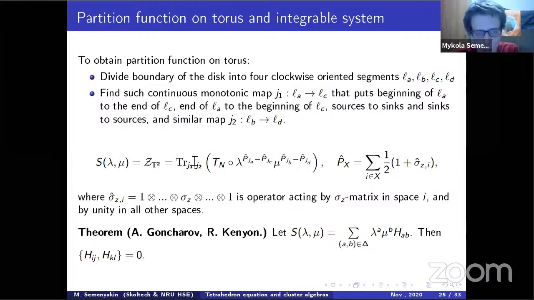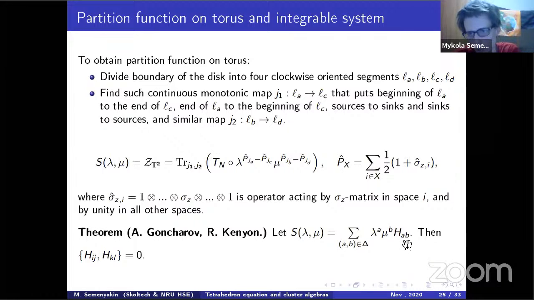And by taking the trace over all necessary spaces, we get some number which is the partition function of non-intersecting paths on the torus. In fact, a general theorem was proved by Goncharov and Kenyon. In their theorem, they again say that we have a spectral curve, which is the decomposition of this partition function over degrees of lambda and mu.